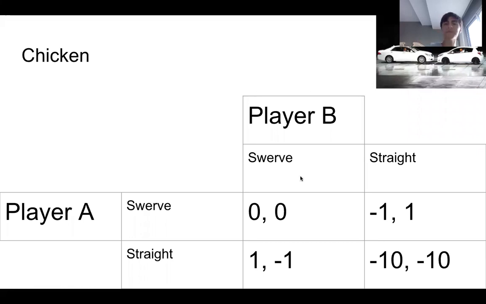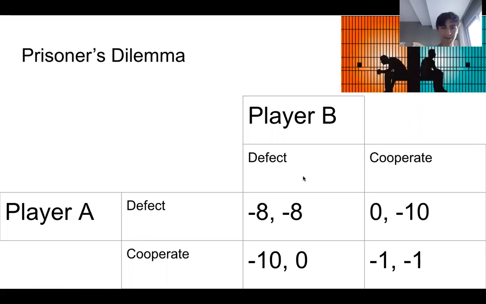Okay, now for the one everyone's been waiting for, Prisoner's Dilemma. This one has a bit of a story. Two prisoners have been captured. If you read it in a game theory textbook, they will be specifically captured by the KGB, the Soviet Secret Service, because it's a game theory textbook, and they are being questioned individually.